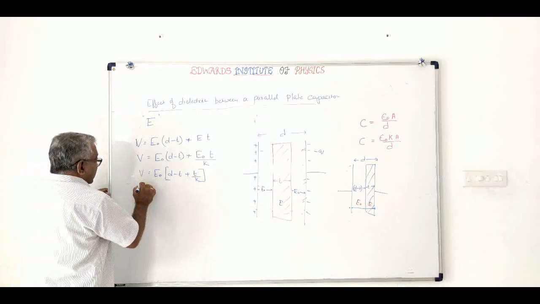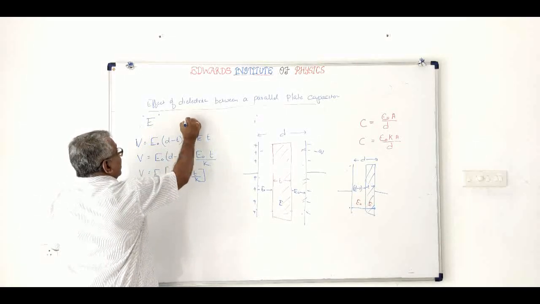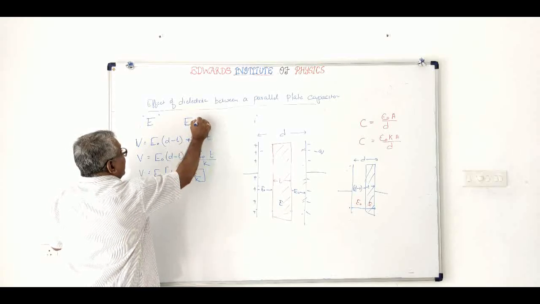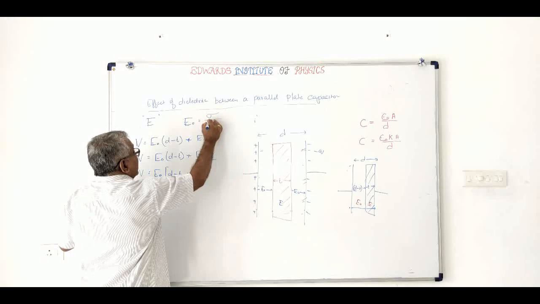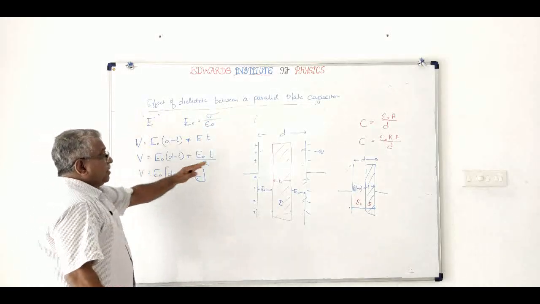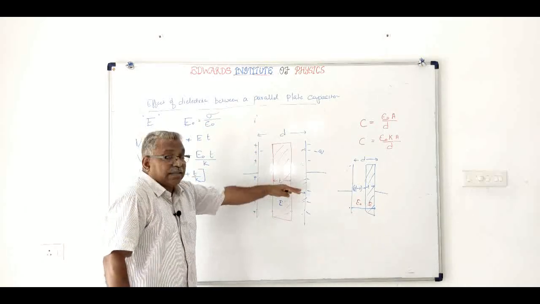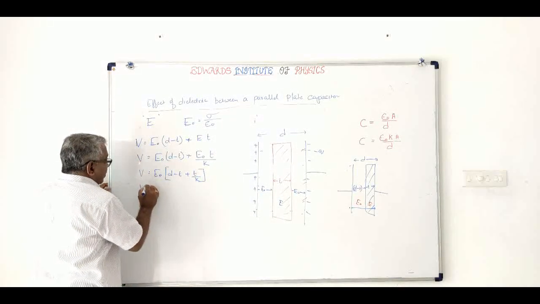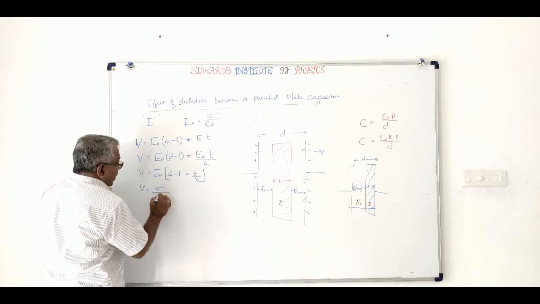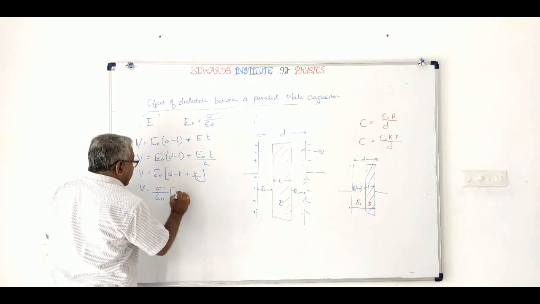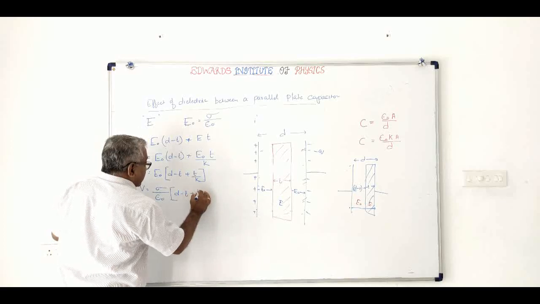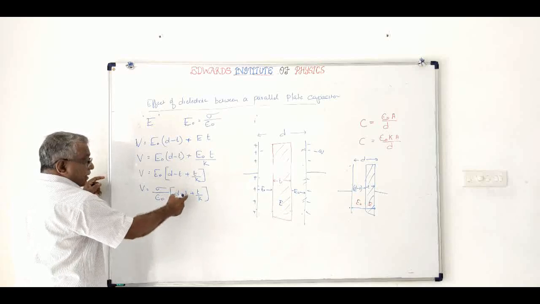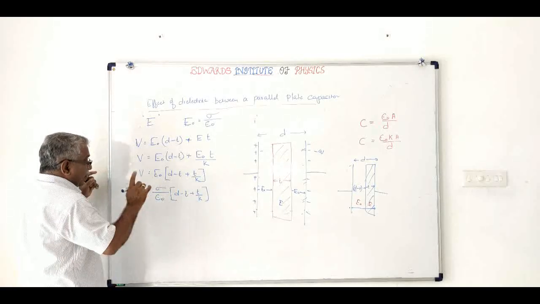Now what is E0? E0 is equal to sigma by epsilon 0. If this was not there, the entire thing would be E0 and that is given by sigma by epsilon 0. So V will be equal to sigma by epsilon 0 into D minus T plus T by K. T here I can take common, but presently I am not doing that.